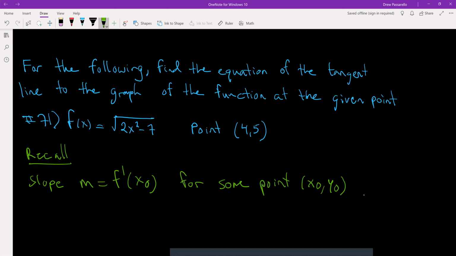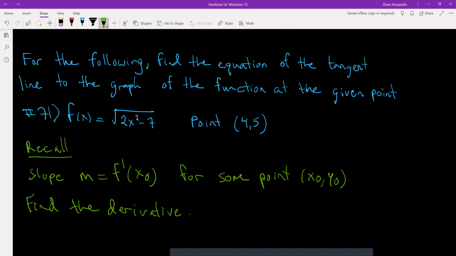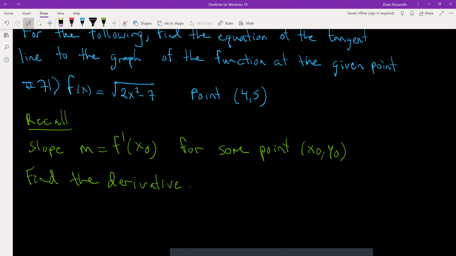So this is going to be some fixed point. So we have to find the derivative, then plug in the x coordinate of the given point into the derivative to get the slope.